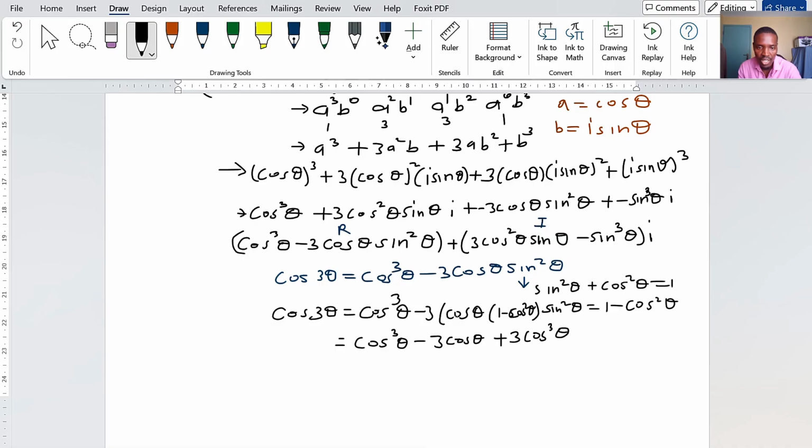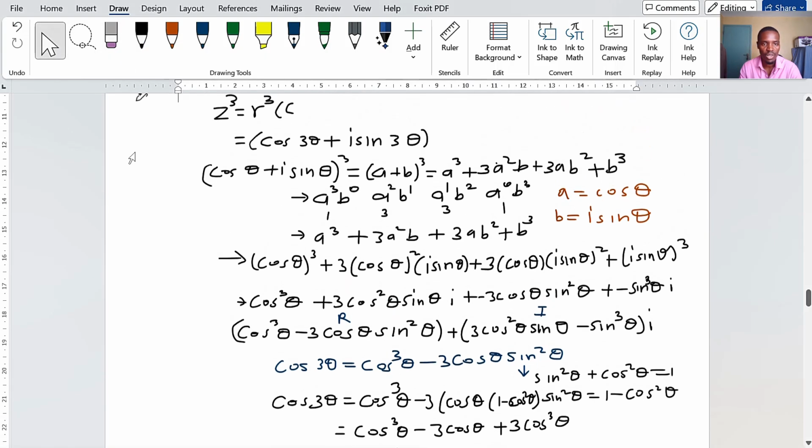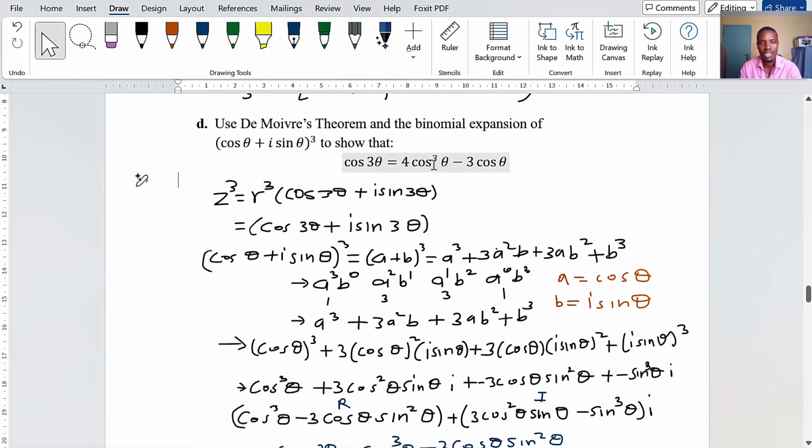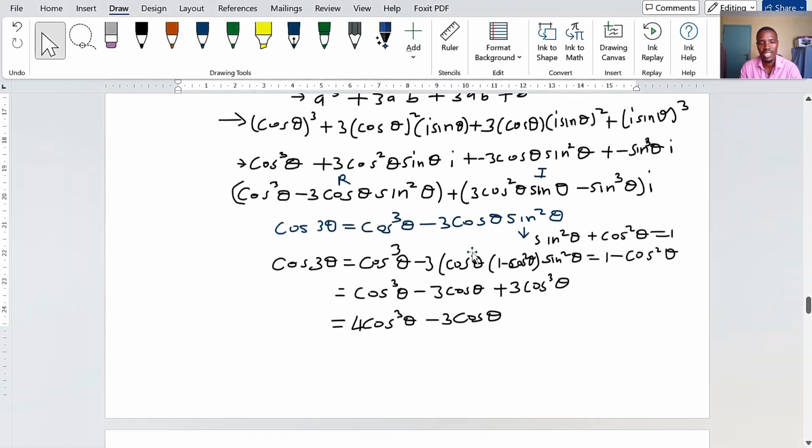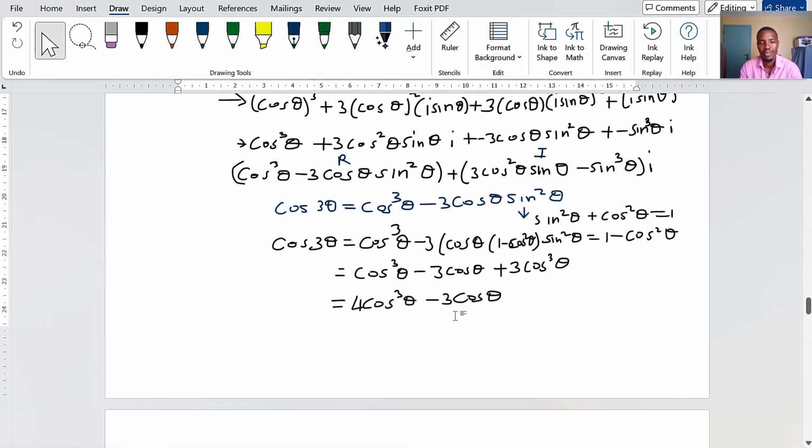Because this is 3 cos theta times cos squared theta, which becomes 3 cos cubed theta. So you collect like terms. Cos cubed theta plus 3 cos cubed theta is 4 cos cubed theta minus 3 cos theta.